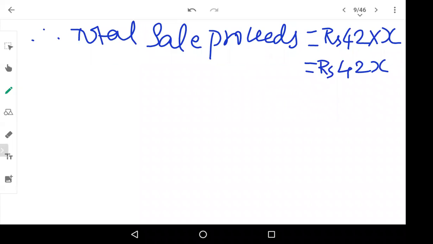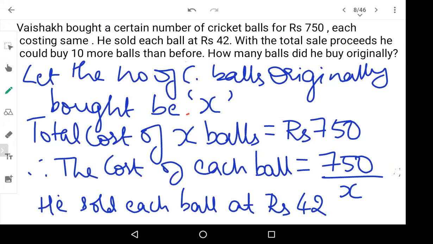Okay, so he bought x number of balls and he's selling that at 42 rupees each, and after selling, what is the amount he will have? 42x will be the amount. Okay, now any doubts still here? Can we go to the next sentence?